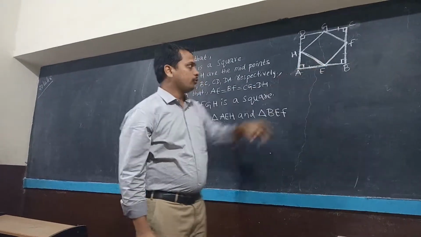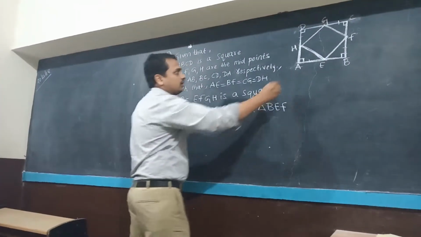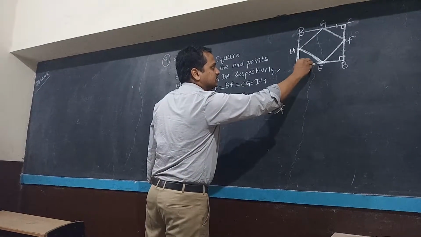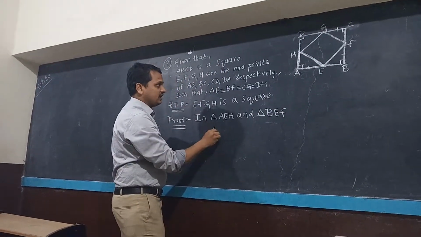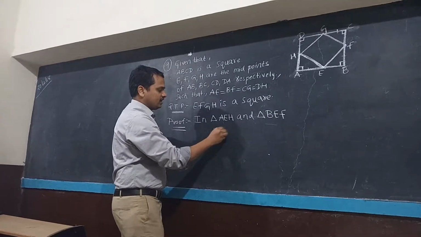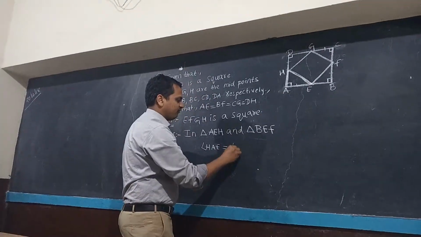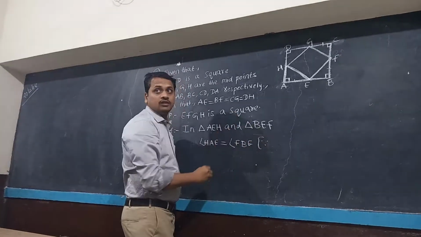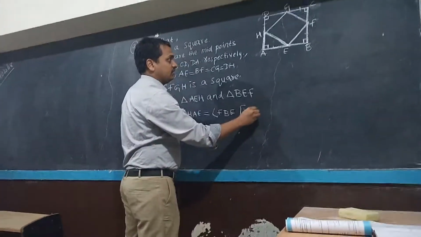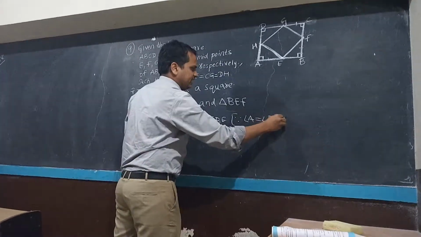How will we prove it? First, it is given that angle HAE is equal to angle FBE, since angle A is equal to angle B is equal to 90 degrees.